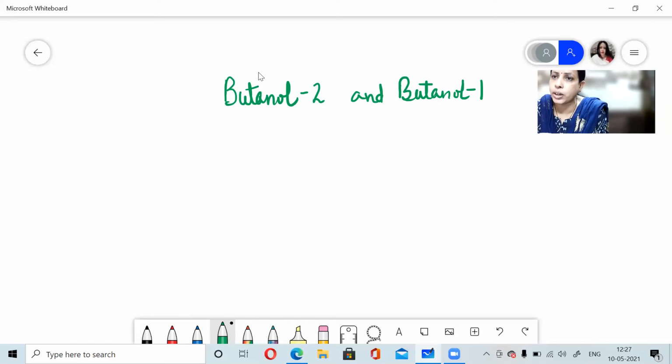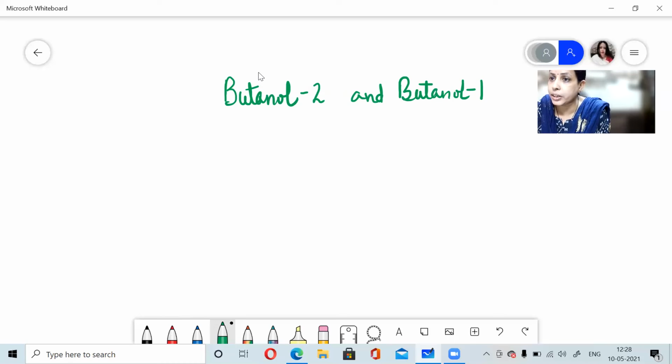In butanol 2, it is attached on your carbon number 2. But here, when we are talking about classification of alcohols, your primary, secondary, and tertiary alcohols, they are designated by these numbers. So butanol 2 is nothing but a secondary alcohol. Butanol 1 is nothing but a primary alcohol.